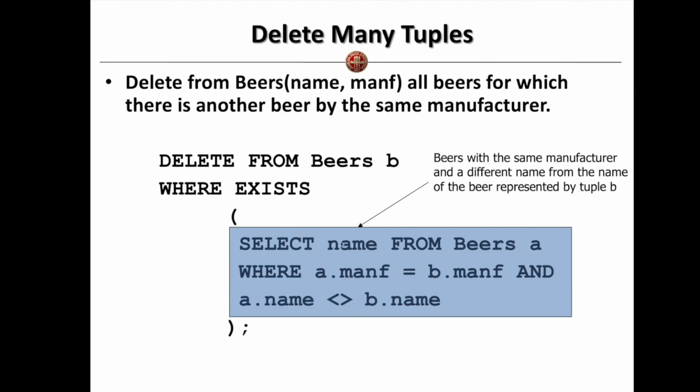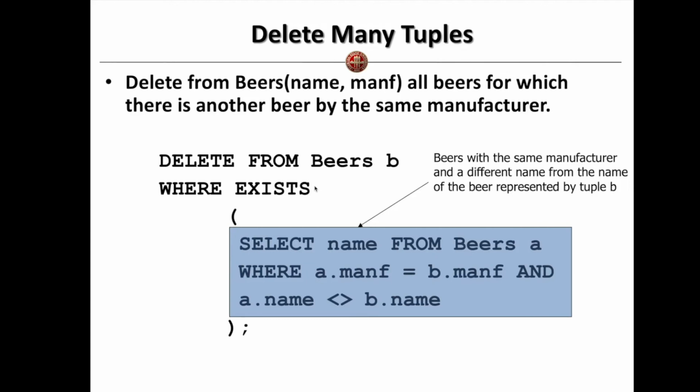If this one is not empty, it will return a true value. If it is true, then we delete the tuples from the beers table. If it is not true, in other words, we can never find another beer with a different name but the same manufacturer, and this one is empty, it will return a false value, right? And these beers will be valid and they will never be deleted.